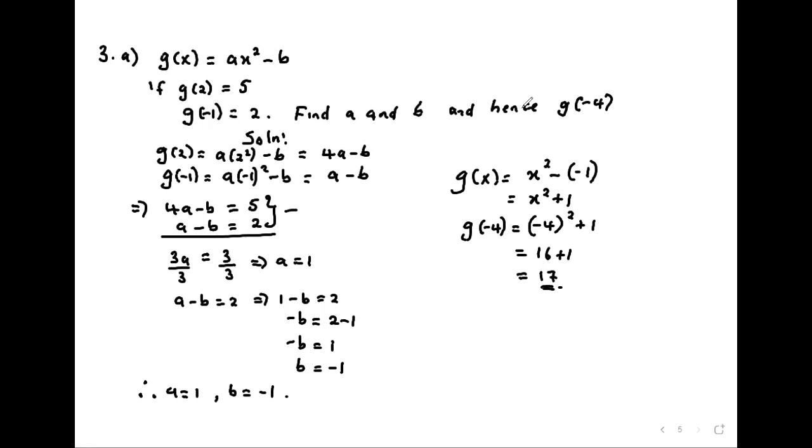Now we go to B. Find the range of each function for the given domain and state whether the function is one-to-one. 1, f of x is equal to x minus 2.